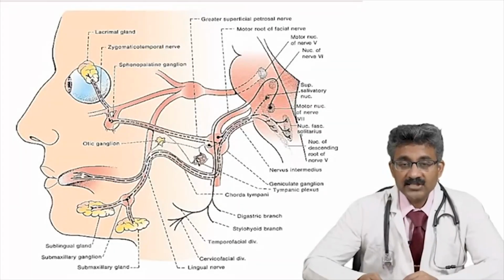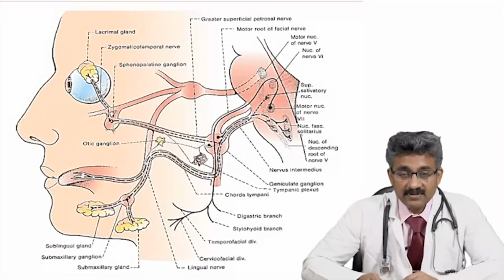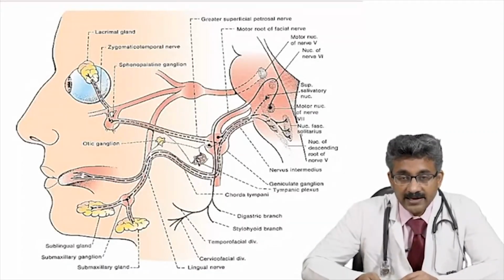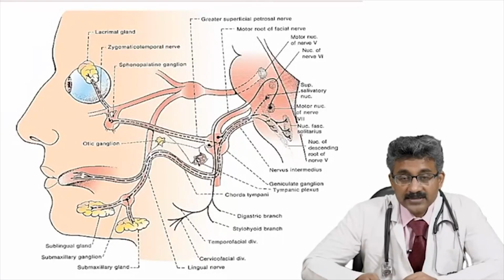Now, next coming to the facial canal. In the facial canal there is the geniculate ganglion, which is the facial nerve ganglion. If the problem is in the geniculate ganglion, there will be lacrimation affected, the sublingual gland and salivary glands will be affected, and the nerve to stapedius and chorda tympani will be affected.